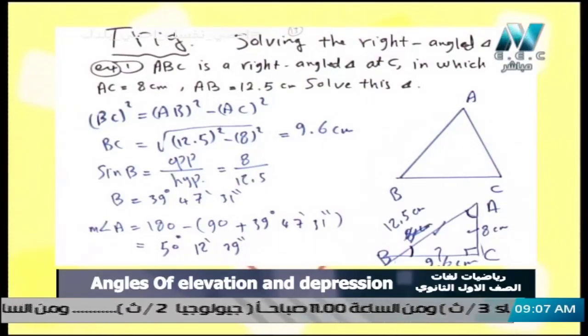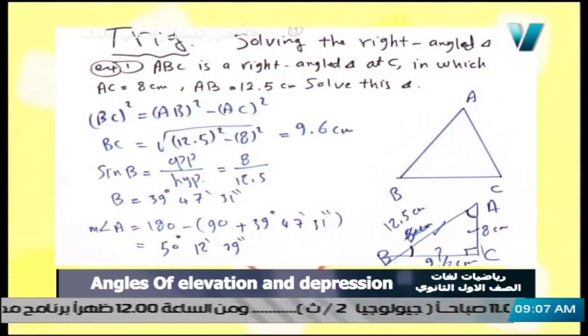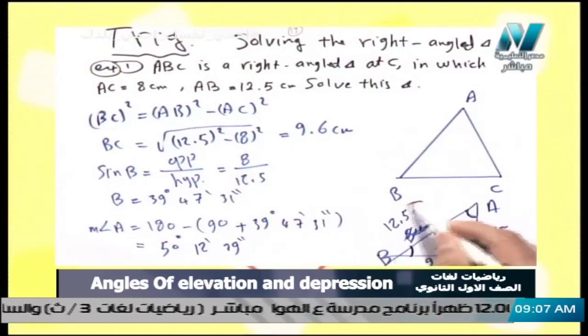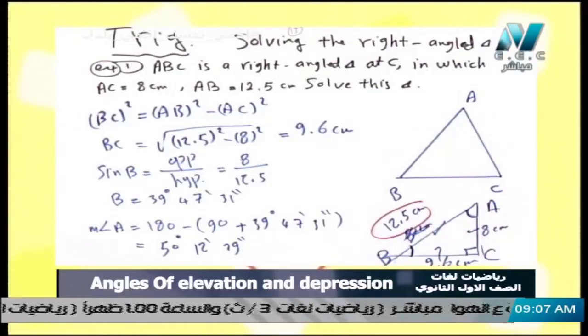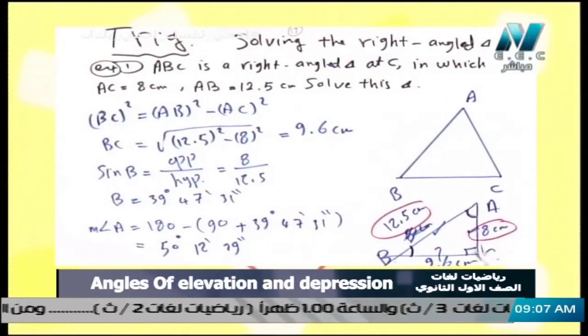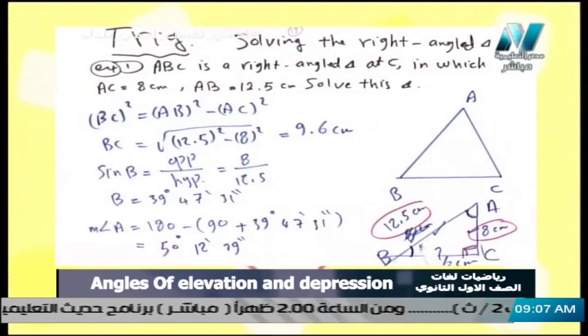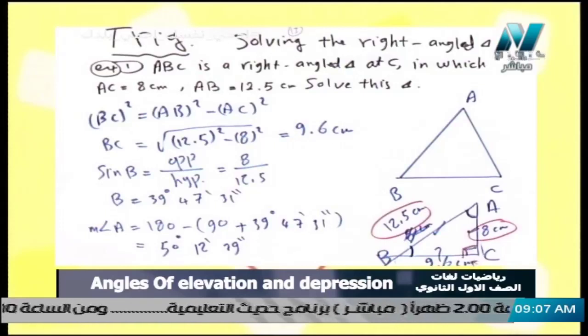So we have here the solution of the triangle. At first, he gave us the side AC, the other side AB, and we have a right angle. So we have 3 elements of the triangle.